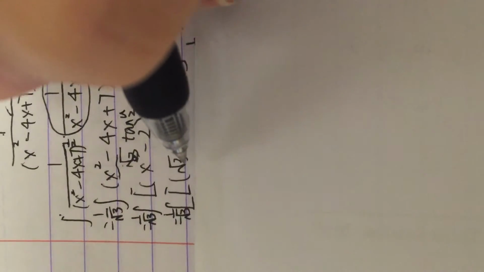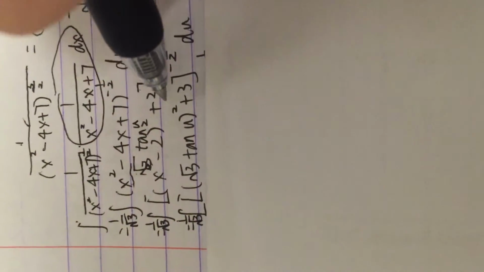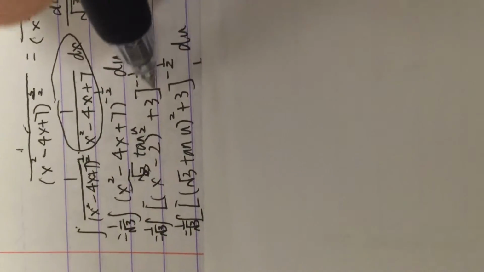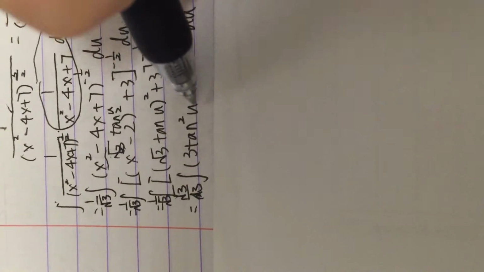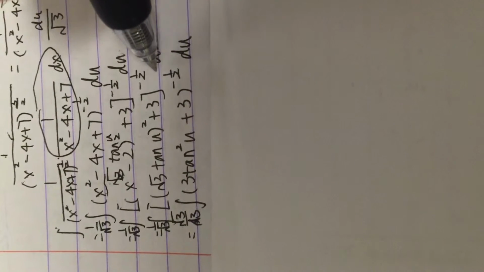So this will be your root 3 tan of u to the power of 2 plus 3, this to the power of minus 1 on du. This will be 3 tan to the power of 2u plus 3 to the power of minus 1 on du.